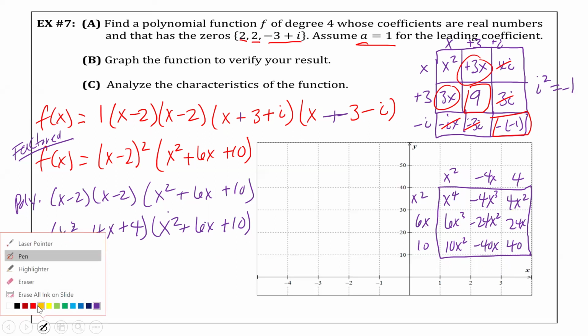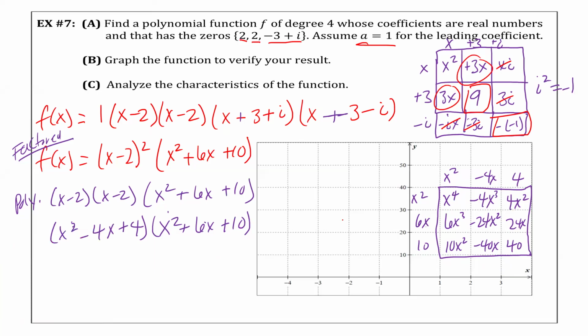Okay? Whether you multi-distribute or use the box method, once you're done, you're going to combine like terms to create your polynomial. So x to the fourth, does it have any friends? Nope. Next, I have my cubes. I have 6 minus 4 cubes. What does that give me? Plus 2x cubed. On my squares, I have 10, negative 24, and 4.